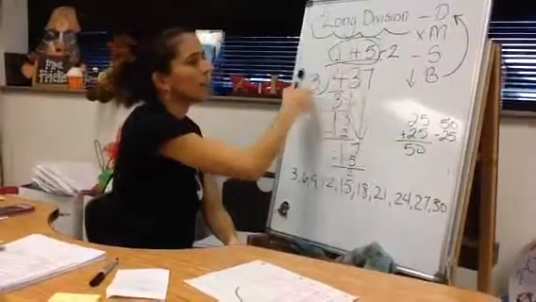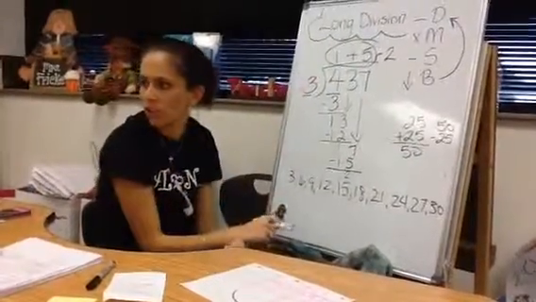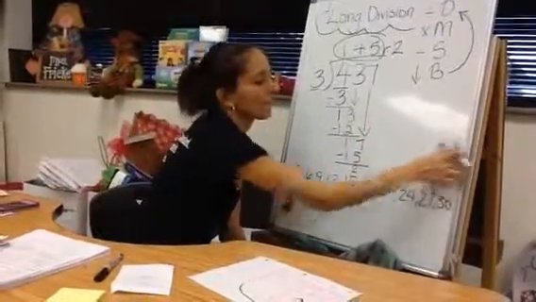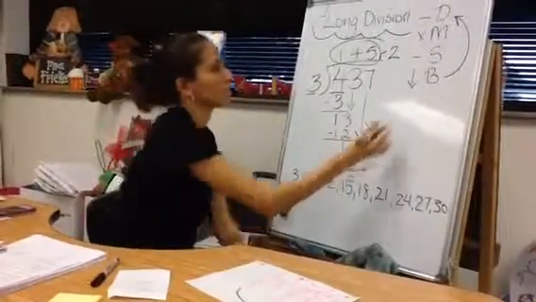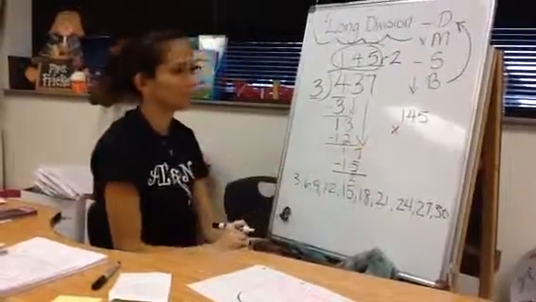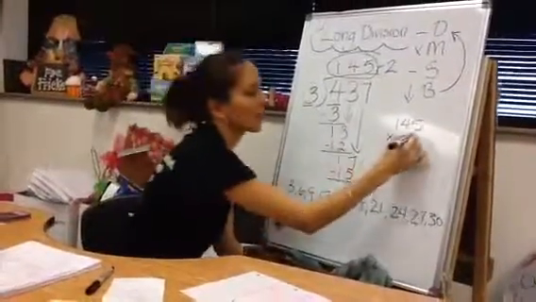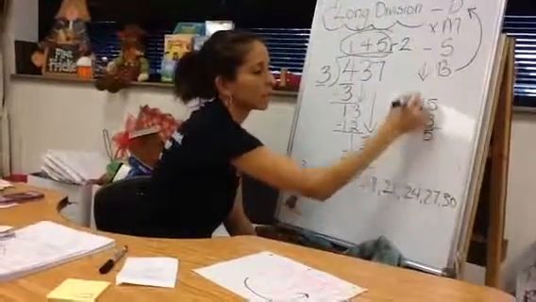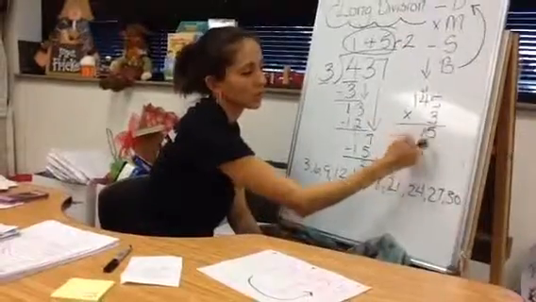So if I check division, how can I check my division problem? Multiply. What do you think I can multiply? 145 times 3. Here we go. 3 times 5? 15. Plus 1.